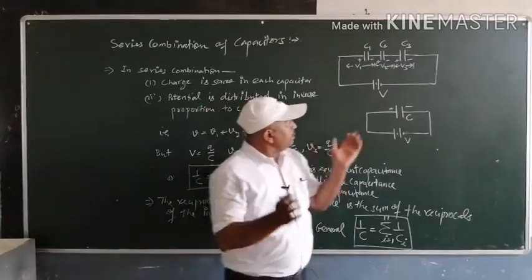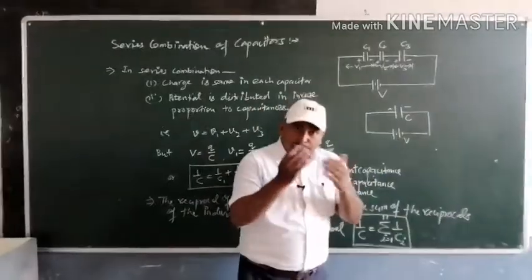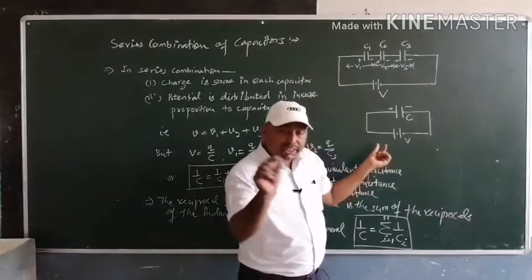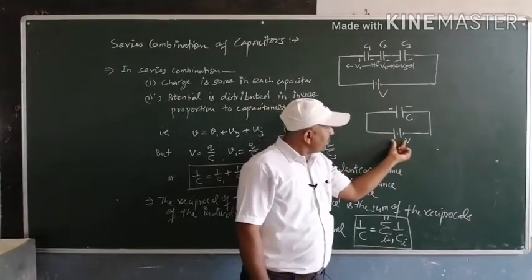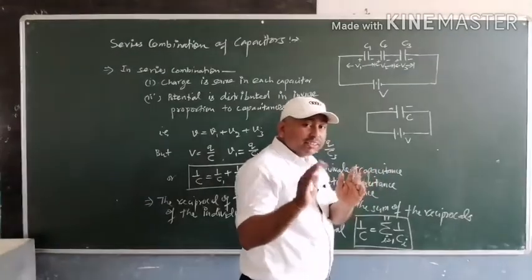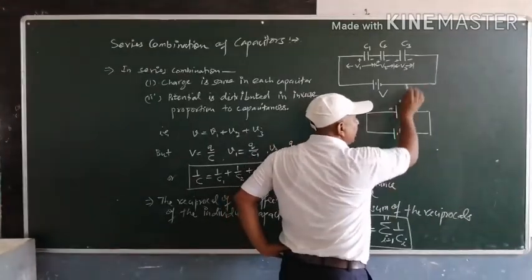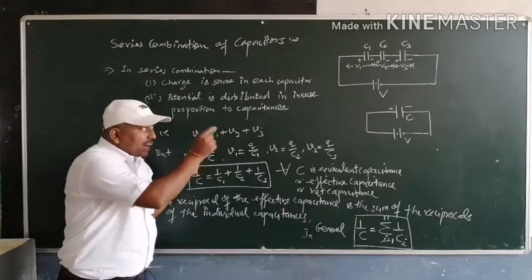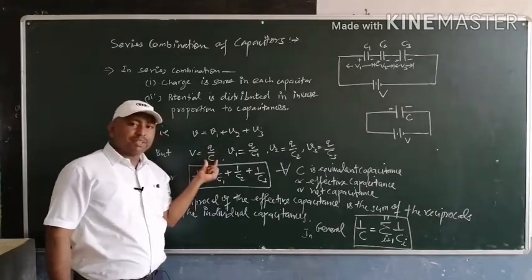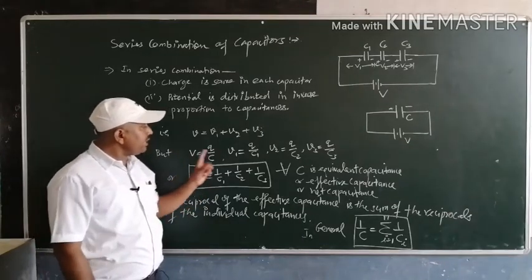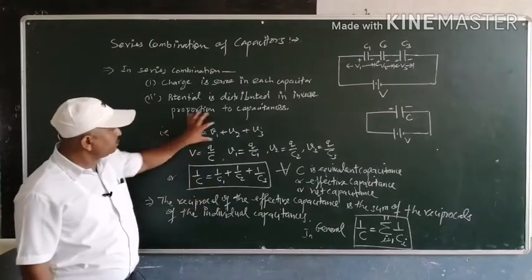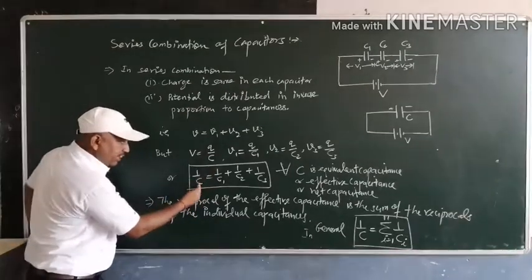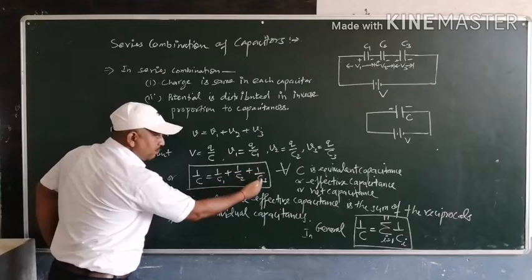Suppose these capacitors are replaced by a single capacitor whose capacitance is C, also connected with the same battery of potential V. If the charge stored across this capacitor is also Q, then the potential across the capacitor will be equal to Q by C. If we put the values of V, V1, V2 and V3 in the formula V equals V1 plus V2 plus V3, then we find that 1 by C equals 1 by C1 plus 1 by C2 plus 1 by C3.